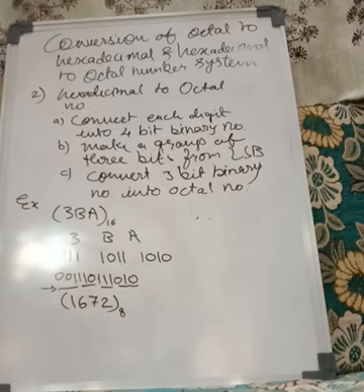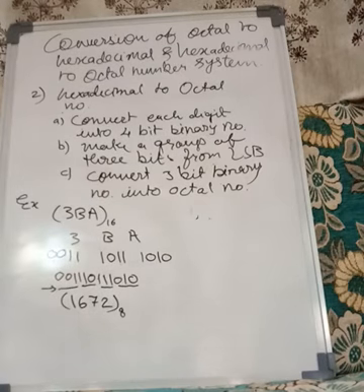So we made the groups of 3 and we just put the digit for the binary number. Okay, so this is the way we can convert a hexadecimal number into the equivalent octal number system.